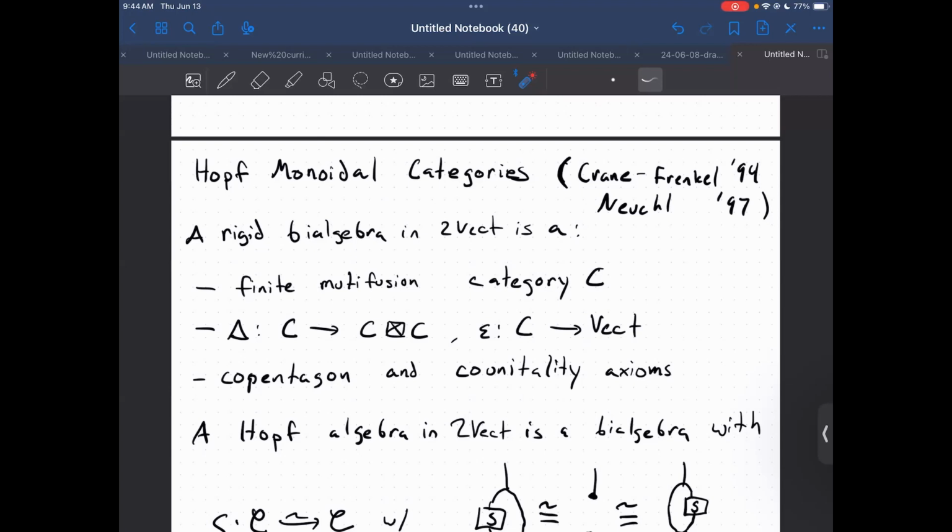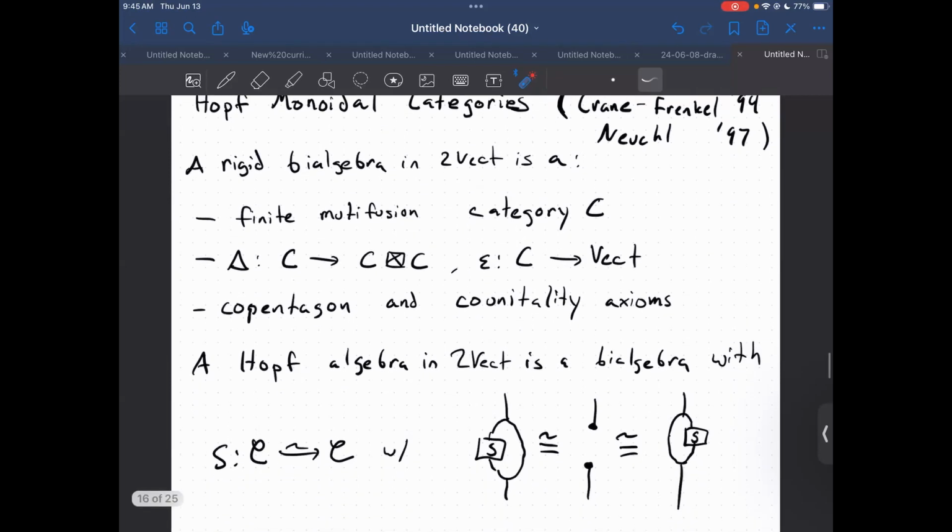This is kind of a strange object because unlike for monoidal categories, where we implicitly ignore the bracketing for the tensor products when we frame it, in this case we really do have to keep track of it. Okay, so you have some algebra. You can ask for it to be Hopf, and this should be a property, and it is.